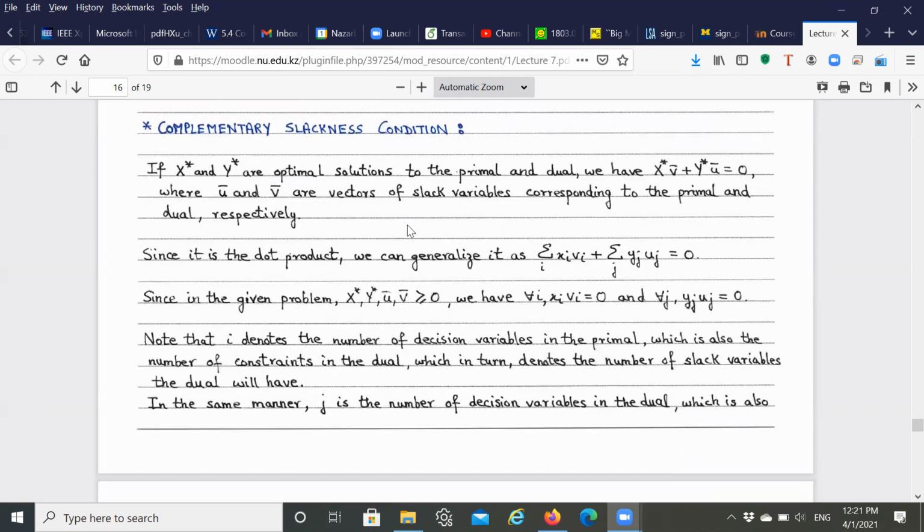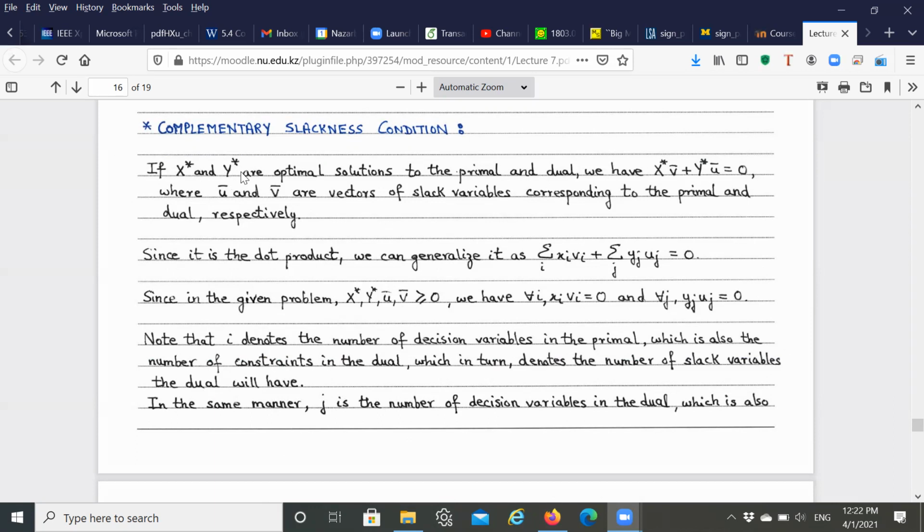Now, the thing that is very important for today's lecture is this complementary slackness condition. I want you to pay attention to this and understand it carefully. Let's say that we have a primal LPP, and we have its dual, and X star is the optimal solution for the primal, and Y star is the optimal solution for the dual.